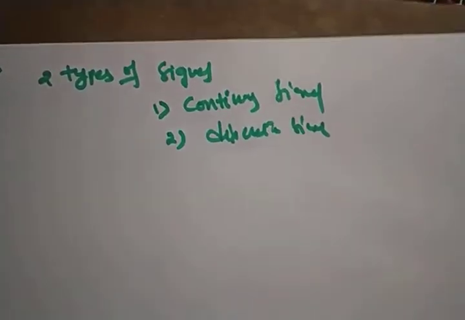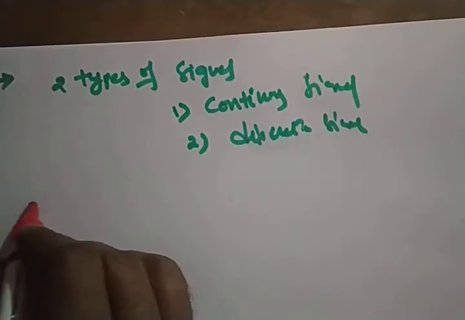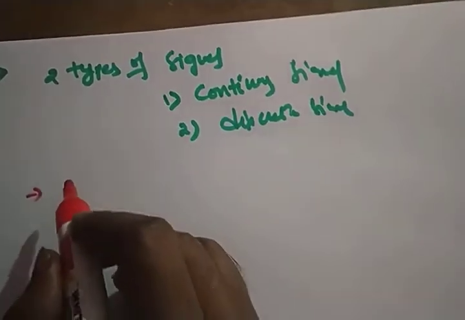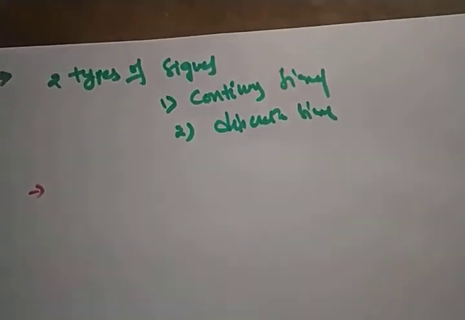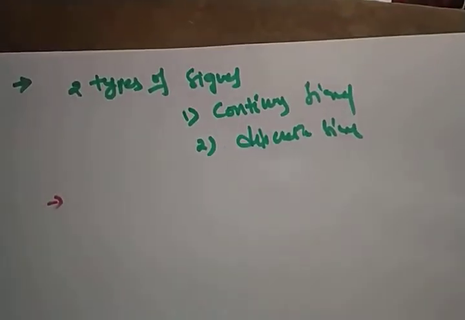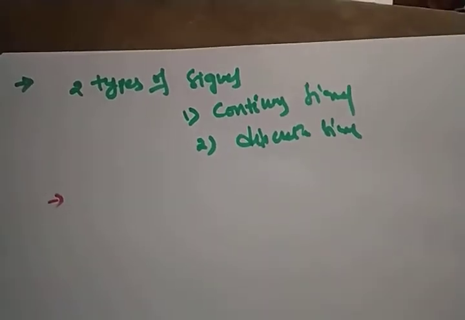So what is a continuous signal? Continuous signal means it varies continuously with time. So at any point of time, you'll get the magnitude of the signal. You get the value of the signal.